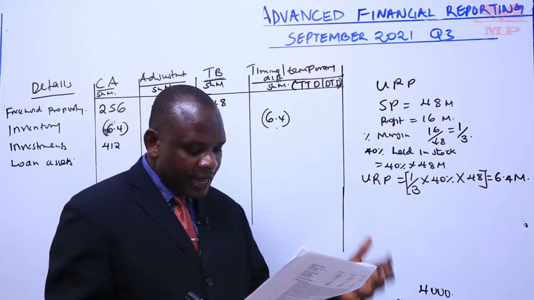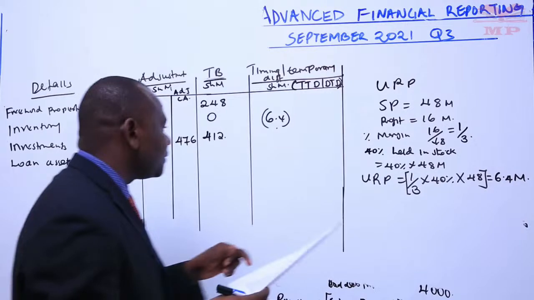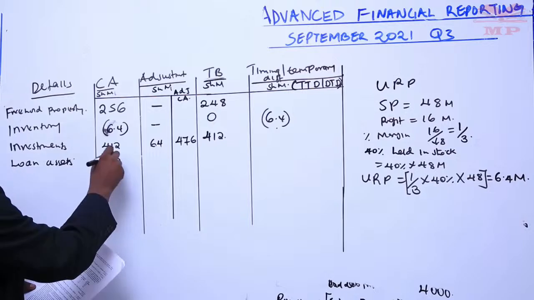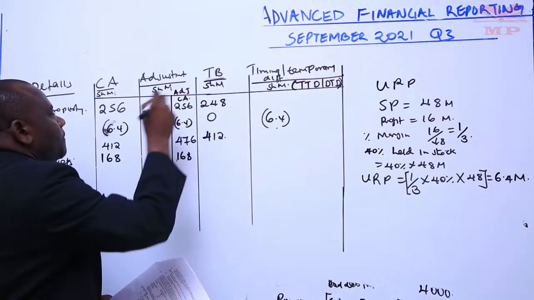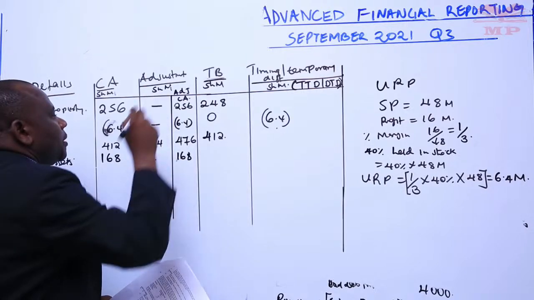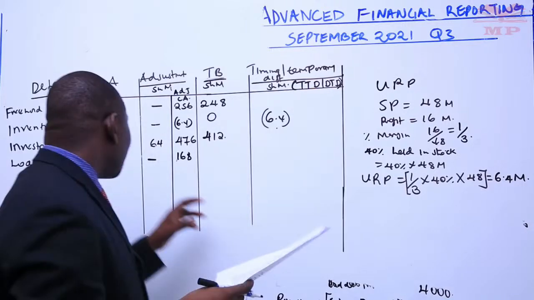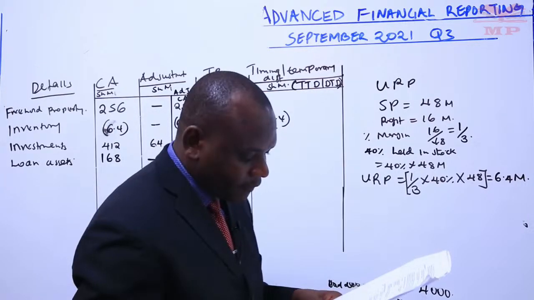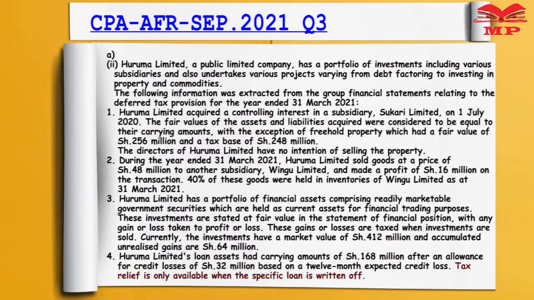And so, according to the accountant, the loan asset is 168, having carrying amount, but the taxman will account for this loan asset at 168 plus the 32 million because you are told that tax relief is only available when the specific loss is written off.